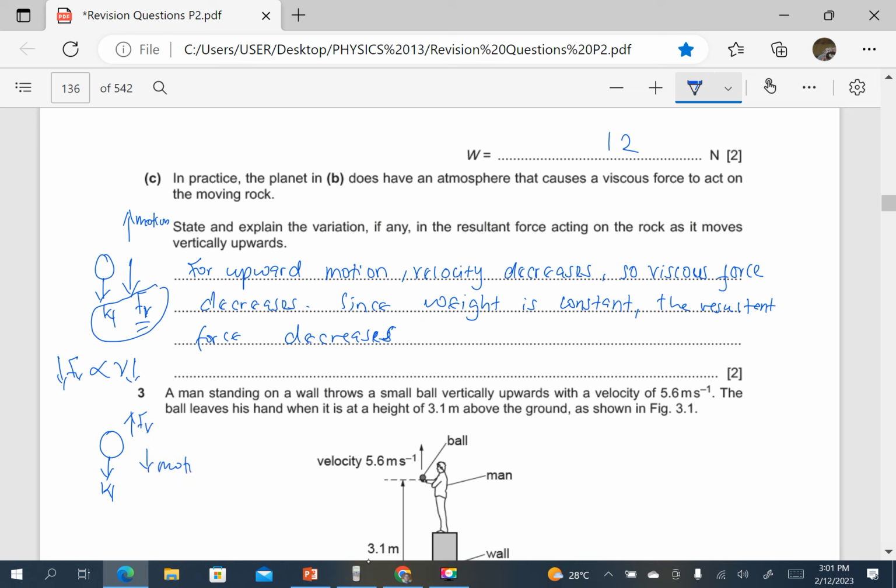As it falls, the velocity increases and the viscous force upwards increases. So still the resultant force decreases, because the resultant force is now the difference between the two. It still decreases.